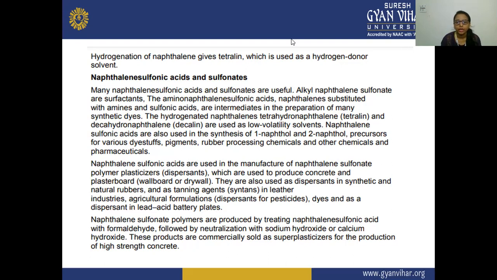Amino naphthalene sulfonic acids are naphthalene sulfonic acids that also contain NH2, so this is amino naphthalene sulfonic acid. These are naphthalene substituted with amines and sulfonic acid. These are intermediates used in the preparation of many synthetic dyes.